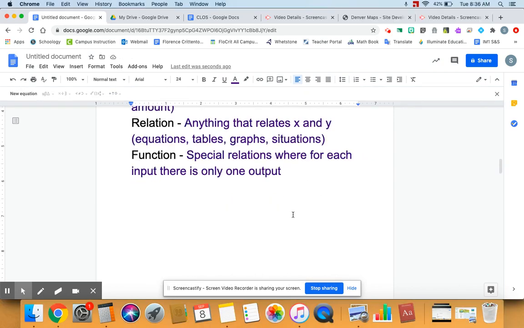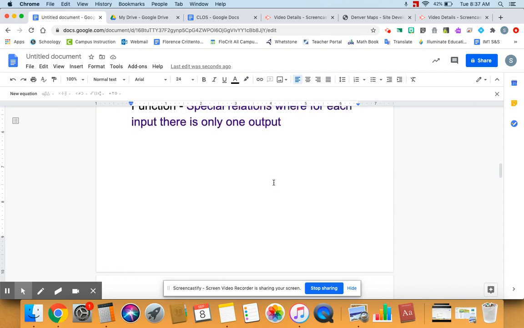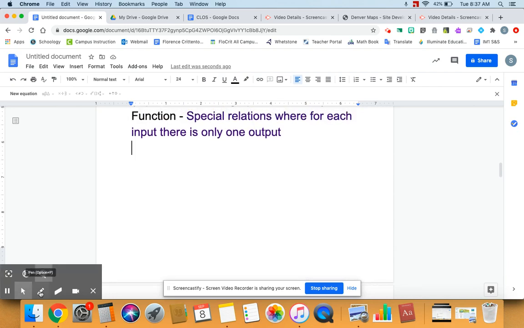So let's talk about this. We're going to talk about what a function is for all four types of relations. So in a very conceptual way, here's what's going on. Let's pretend I have a little machine. And when something goes into that machine, input, so I put something into the machine, and then something happens to it in here.